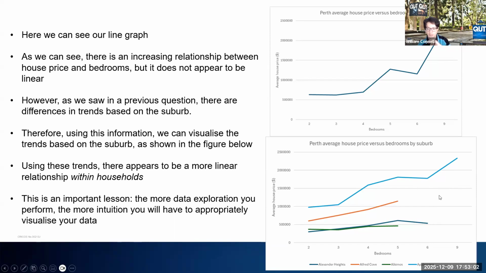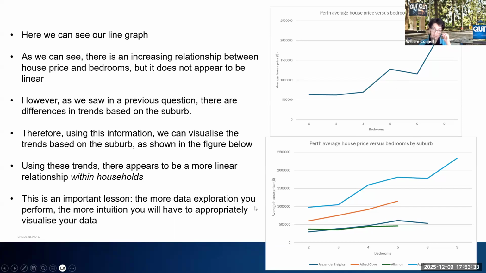Because we only really have data from one suburb, and this suburb itself is more expensive than the other 3 suburbs, this appears to have dramatically pulled up the average for the houses between 5 and 9 bedrooms. So that could explain partly why it looks somewhat flat to begin with between 2 to 4, and then when it's dominated by Applecross, it really takes off.